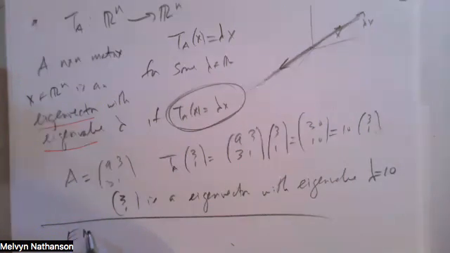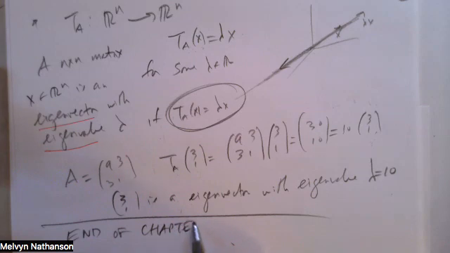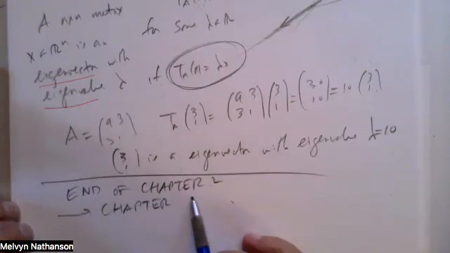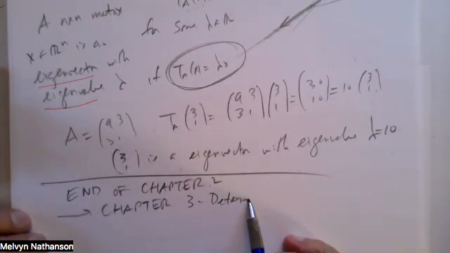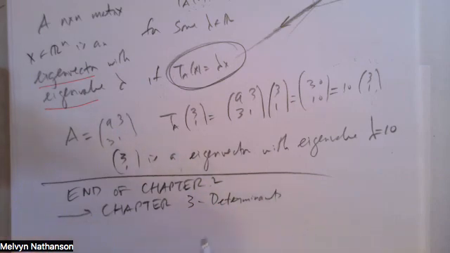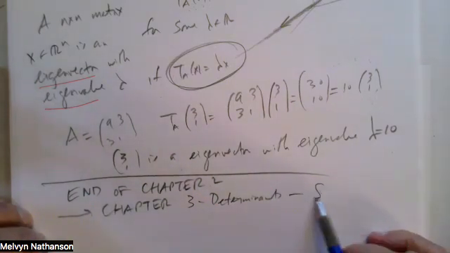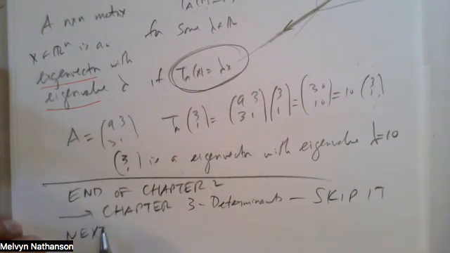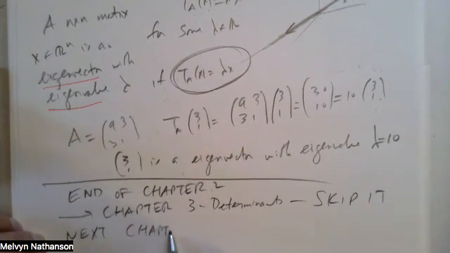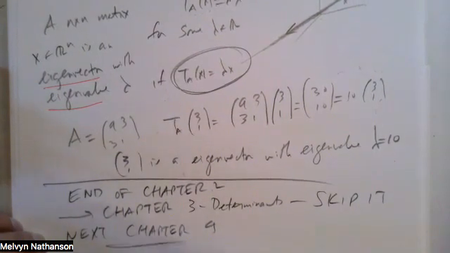So that's the end of chapter 3, sorry, of chapter 2. What comes next? Well, you might think after chapter 2 comes chapter 3 on determinants, which is a beautiful subject, but I'm going to skip it. So next, we're jumping to chapter 4.